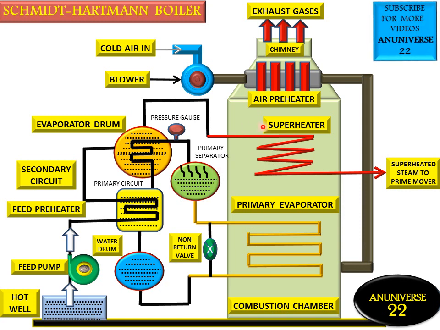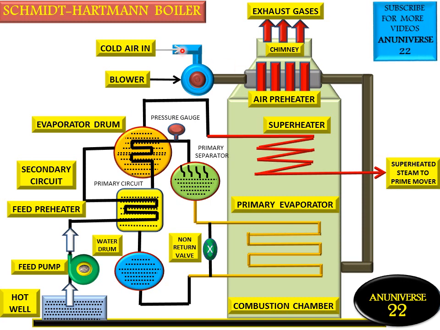As we know, the air preheater is used to preheat the air with the help of flue gases. The flue gases or exhaust gases move from bottom to top, and before entering the combustion chamber, they preheat the air, which basically increases the efficiency of the boiler.